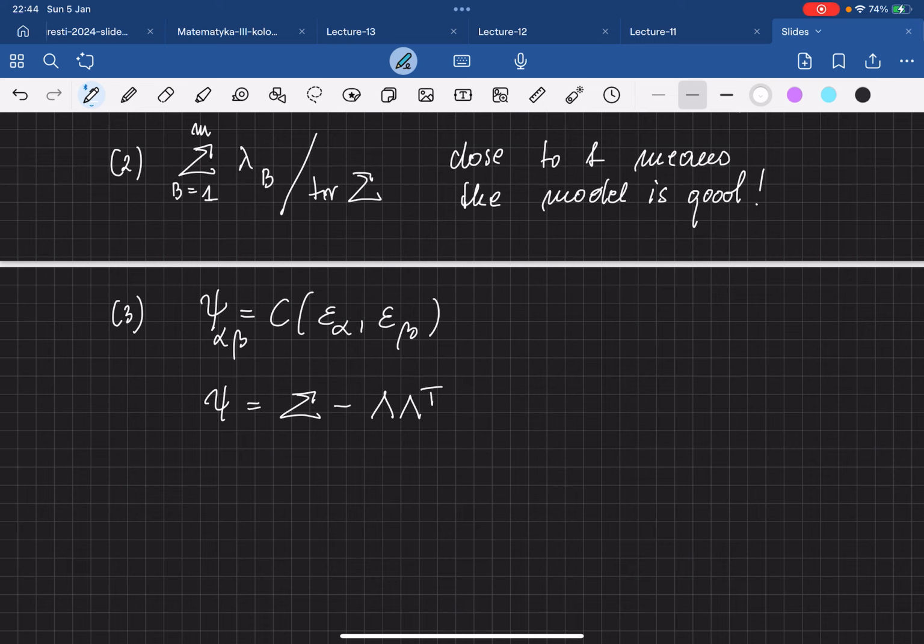In the perfect model, this matrix is diagonal, and in practice it usually isn't, and the model is good if off-diagonal elements are small. Off-diagonal elements small, this means the model is good.